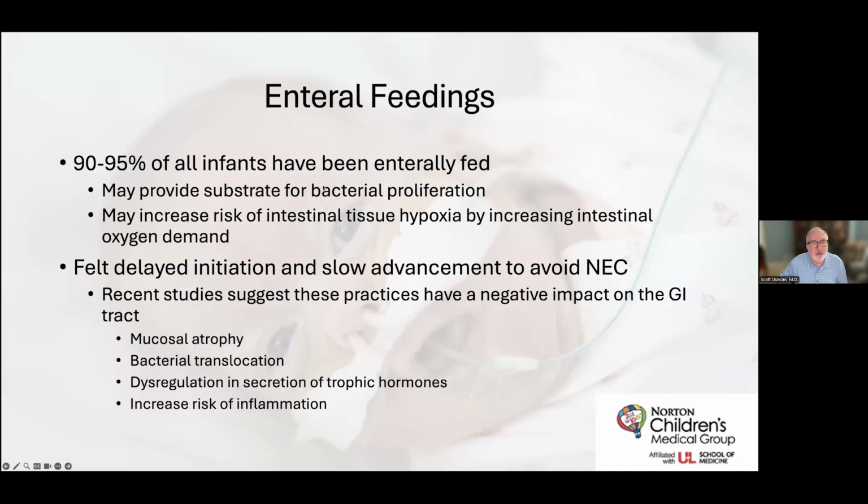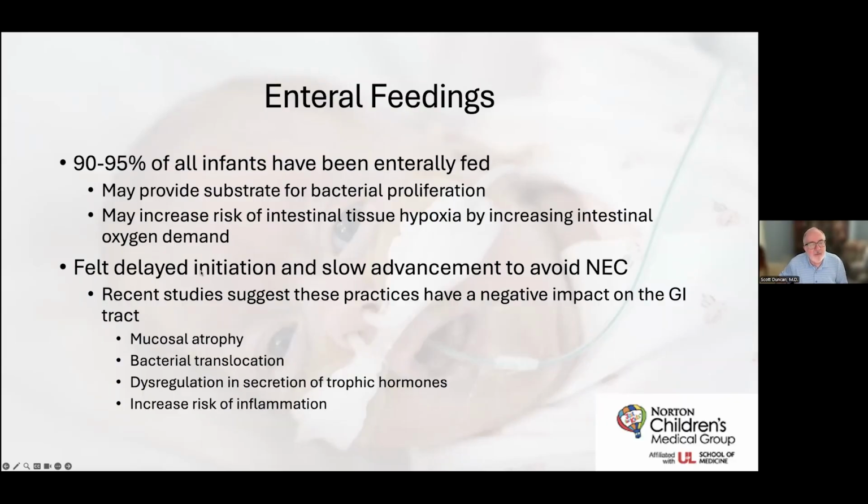We think, though, that the feedings provide a substrate for bacteria and increase the risk of tissue hypoxia because they increase oxygen demand. As the intestine is contracting and trying to move food along the intestinal tract, as it's absorbing nutrients and trying to cleave proteins and sugars down, we think that all this may increase that risk of hypoxia because of the oxygen demand.